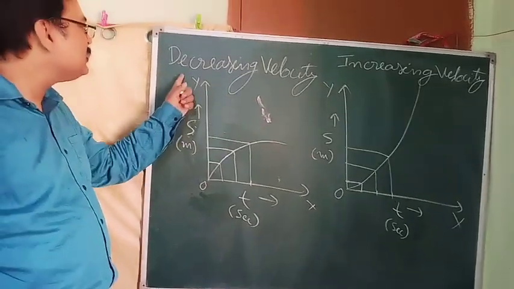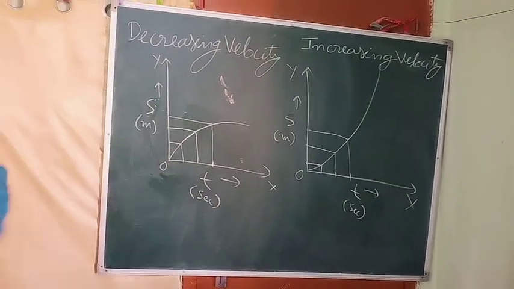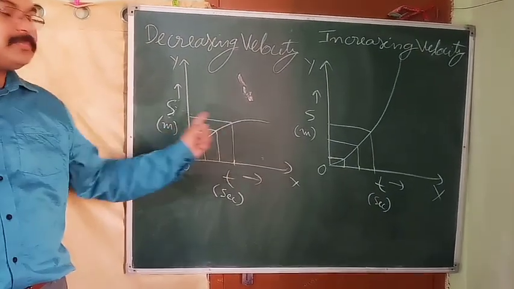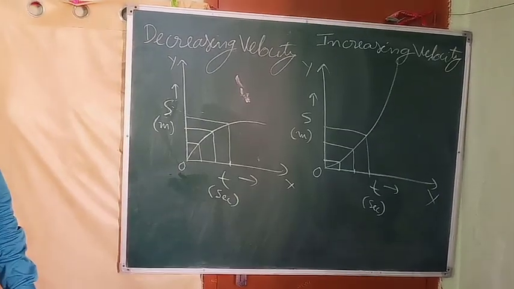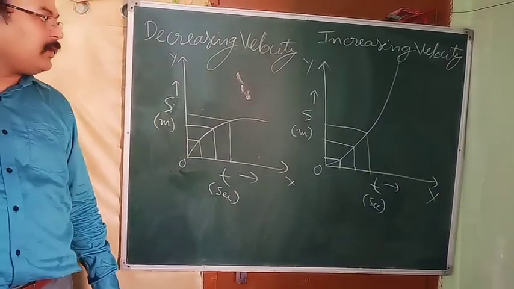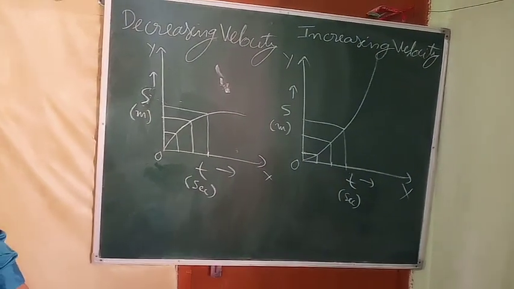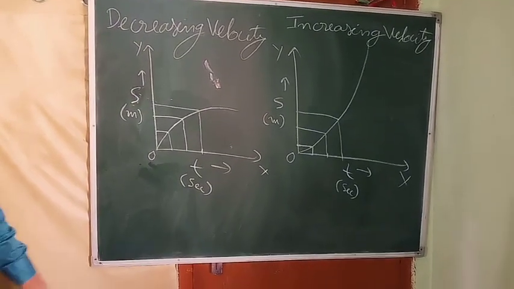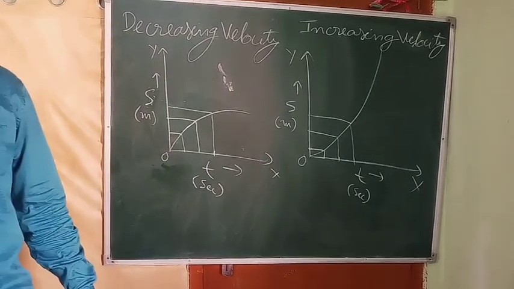So this is decreasing velocity. In the earlier case, the displacement covered was increasing, so that is increasing velocity. So one case, velocity is increasing; another case, velocity is decreasing. And these are the displacement-time graphs. So we got the graph for the body having uniform velocity, the graph for the body having increasing velocity, and the graph for the body having decreasing velocity.